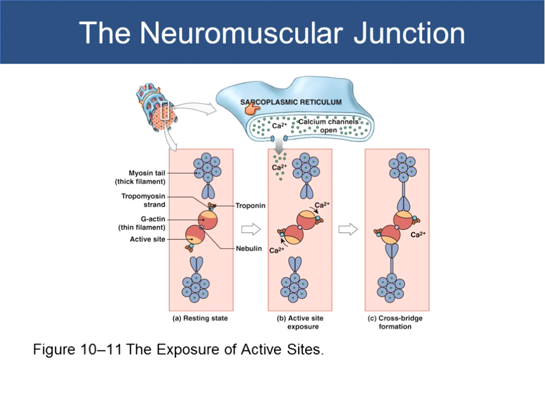So here's an up-close cross-section of that sarcoplasmic reticulum when calcium is released. And what triggers the release of calcium again? The arrival of the action potential through the T-tubules. When that calcium is released, we have our myosin head, we have our active site on our G protein, or G actin, F actin. We have our nebulin, which kind of stabilizes it all together.